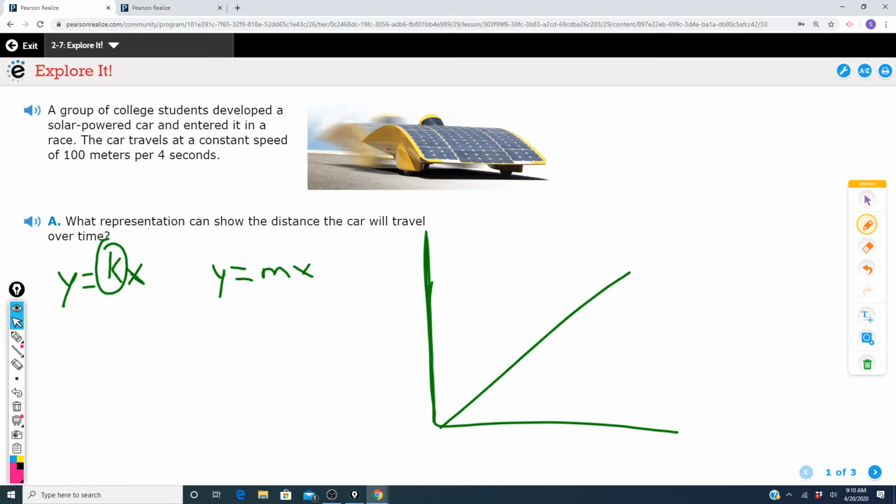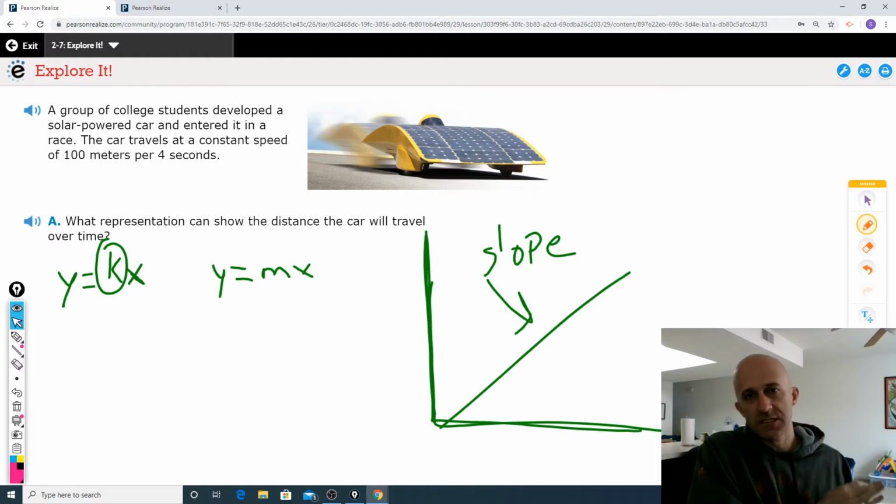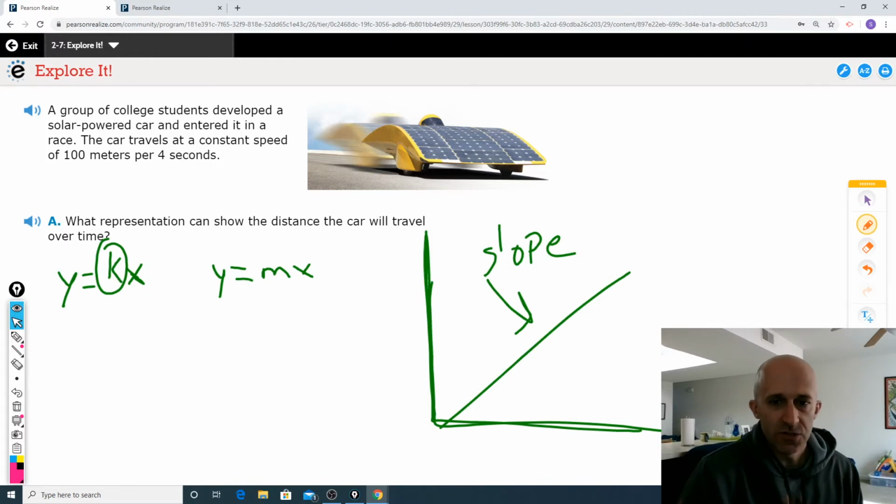The slope of the graph we create right here, of that line. It's the same thing. K and M, your constant of proportionality and your slope, are pretty much the same thing.